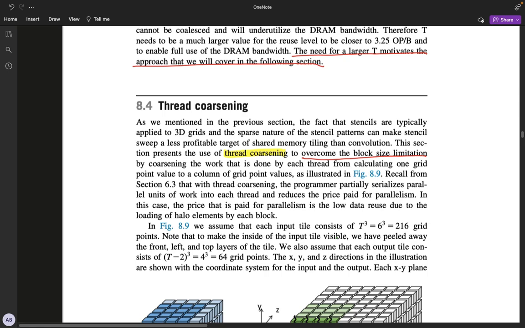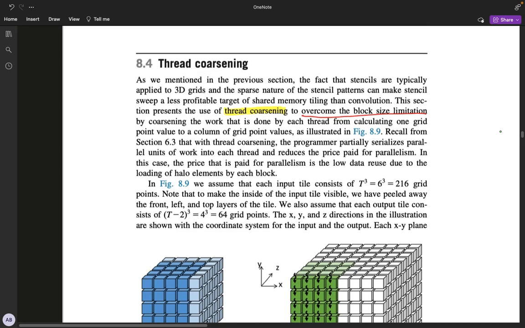So the need for larger t motivates the approach that we are going to cover, and the approach is thread coarsening. The idea is, instead of allocating shared memory in 3 dimensions, why not allocate shared memory in 2 dimensions and use thread coarsening to iterate.